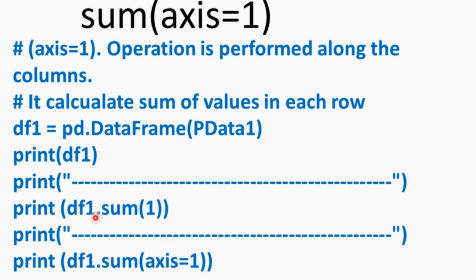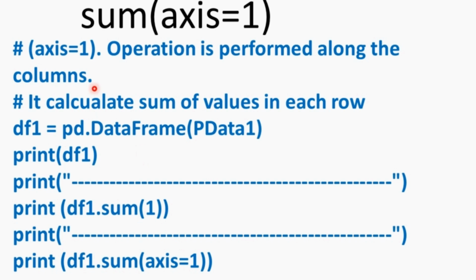The command which we have used is df1 dot sum 1. Either we can use this command or we can directly give df1 dot sum axis equal 1. So it is used to perform the operation along the columns, meaning it is used to find the sum of each row.